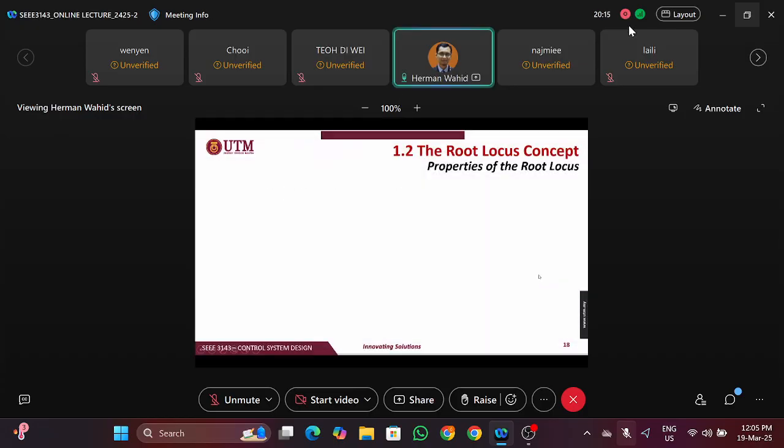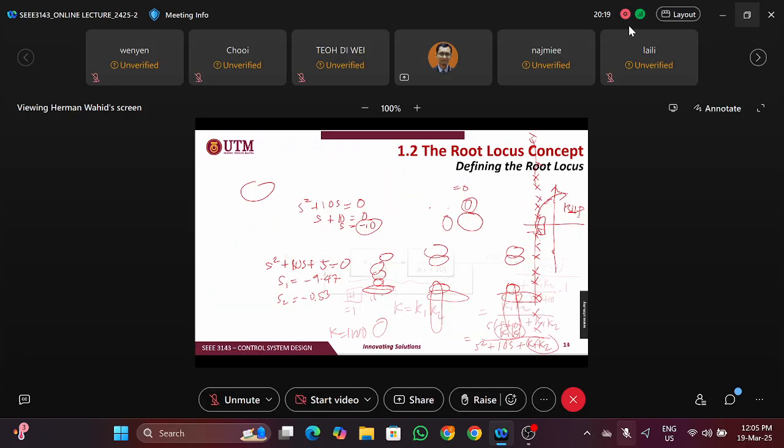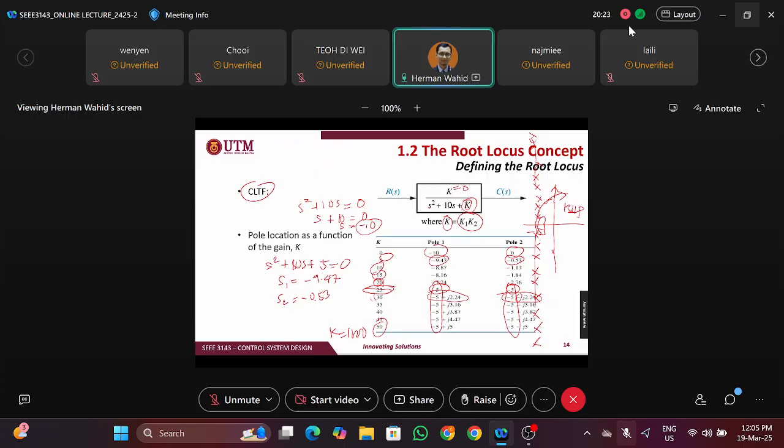Okay, previously we have seen one example where we evaluated the closed loop transfer function, and when we change the gain k, the closed loop pole also varies according to the value of k, as in the table.